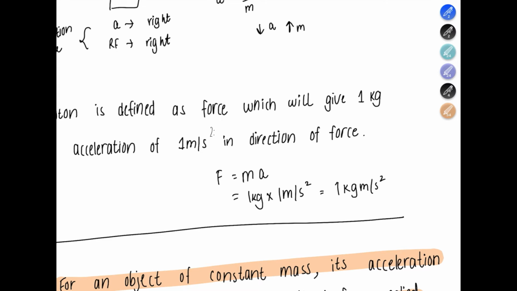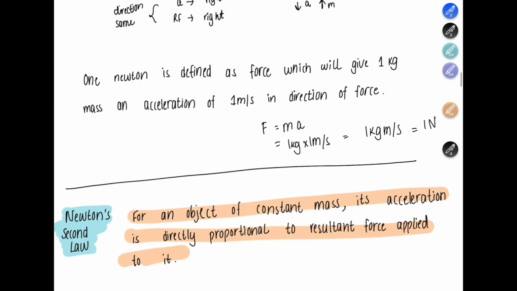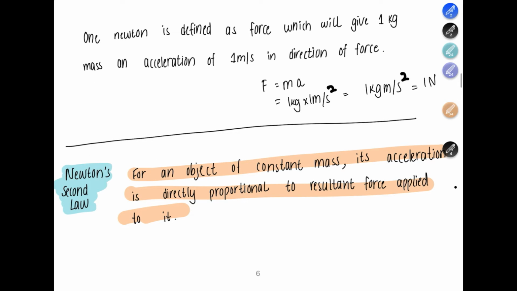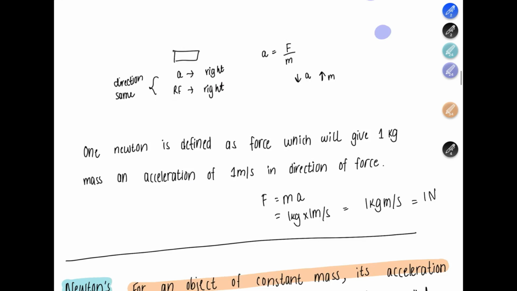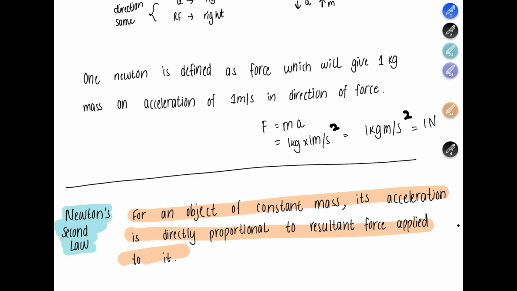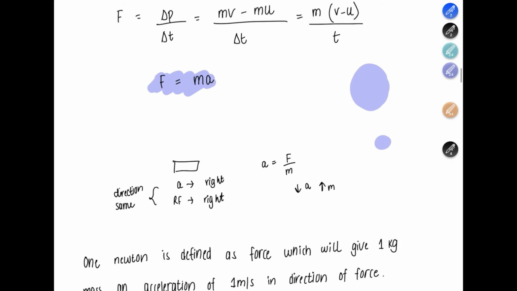So this is basically the SI base unit for force, which equals 1 Newton. So now Newton's second law can also be stated for an object of constant mass. We need to make sure that the mass is constant. When the mass is constant, the acceleration is directly proportional to the resultant force applied to it, which is given by this formula.